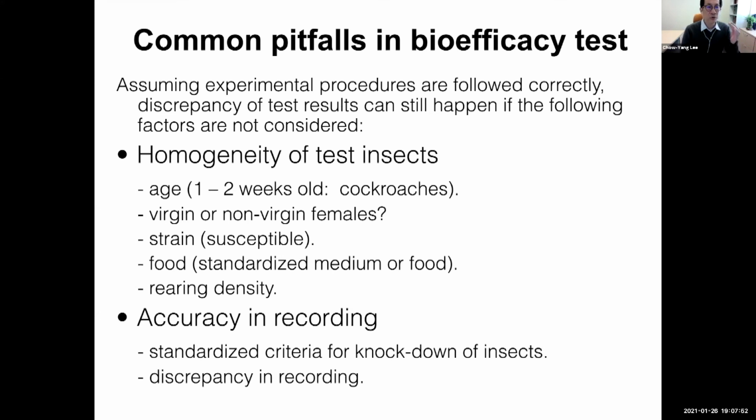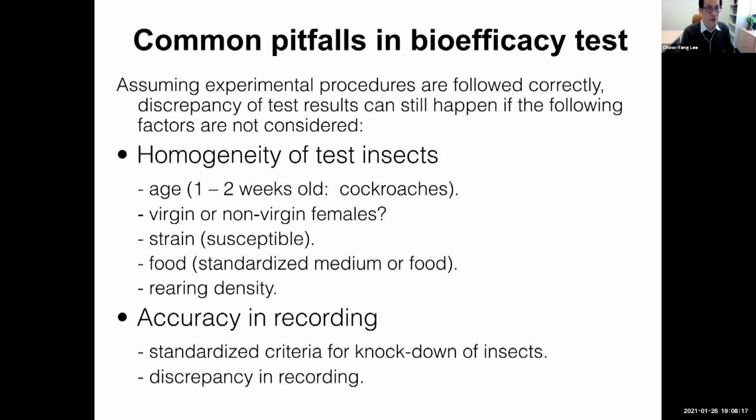But if you are going to collect them back to the lab, you're going to rear them into F1, then you have more opportunity to standardize your test insects. If females have been mated, have been blood fed, there could be some discrepancy in your result compared with those that have not blood fed.